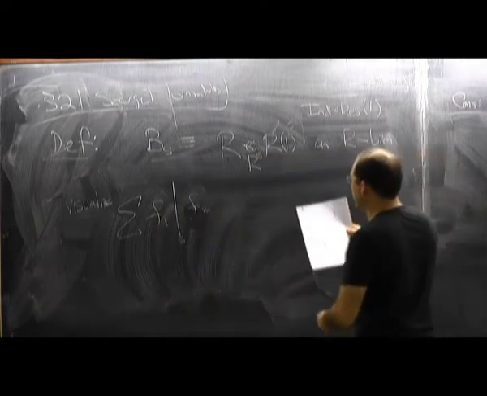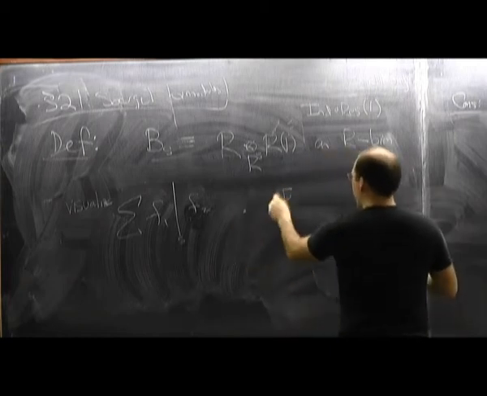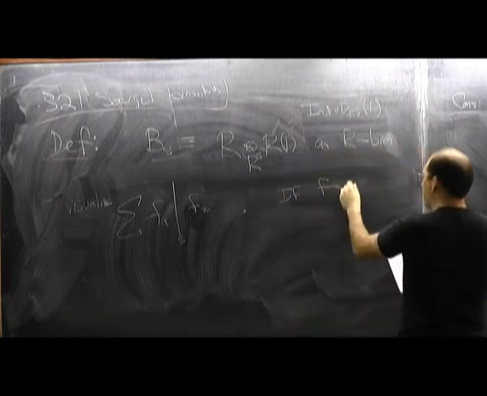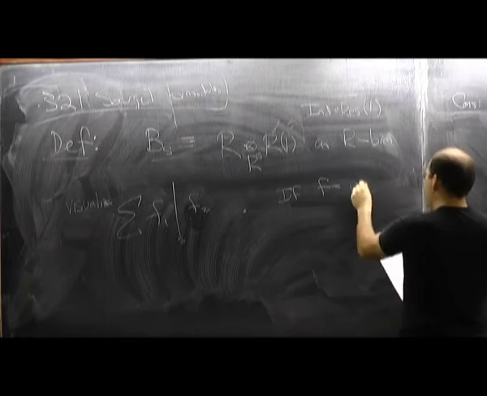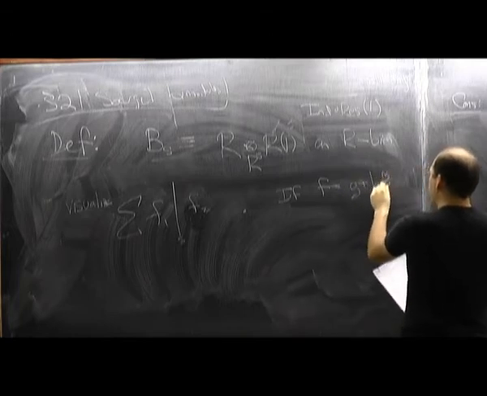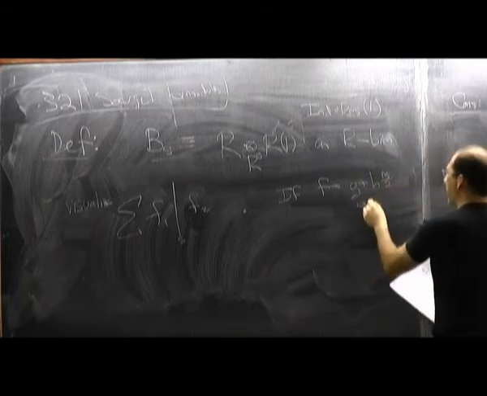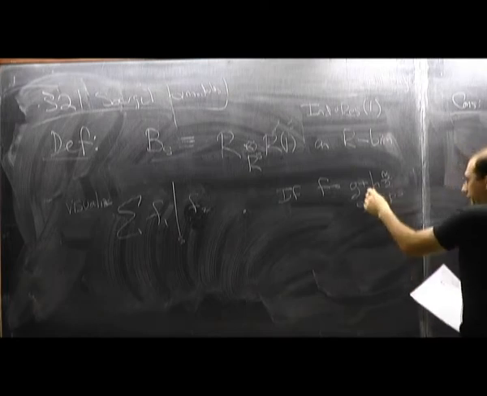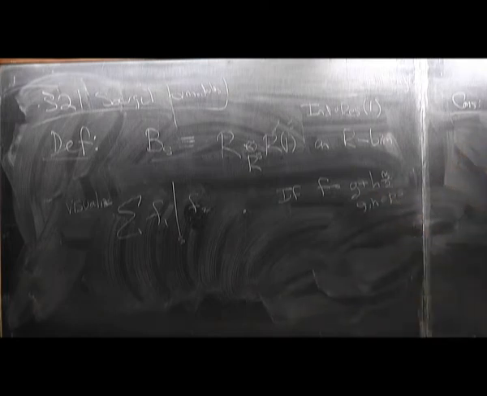For instance, we can write F as G plus H alpha S over 2, where G and H are symmetric. Remember, we can always do this, split F into its invariant and anti-invariant parts.